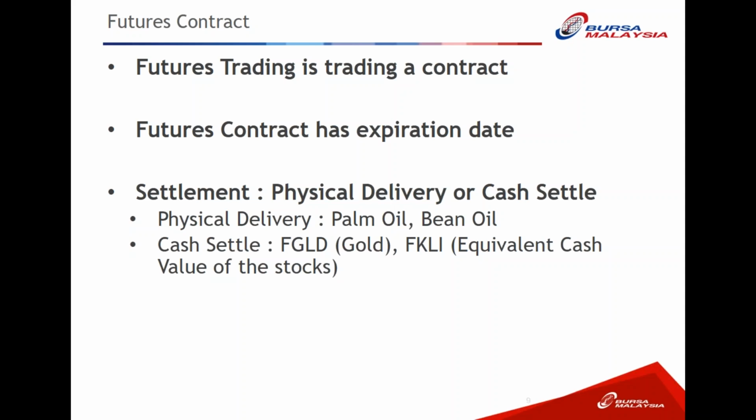That means if you buy a gold contract, when it expires they will send you 100 troy ounces of pure gold. Another type of contract using cash settlement is our FKLI, which delivers you the cash equivalent value of the stocks that comprise the top 30 component stocks.